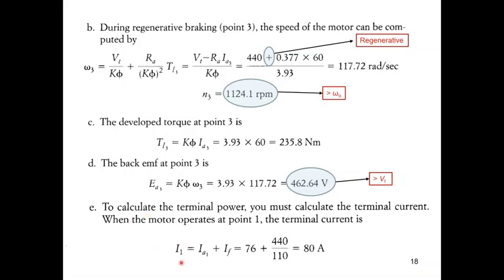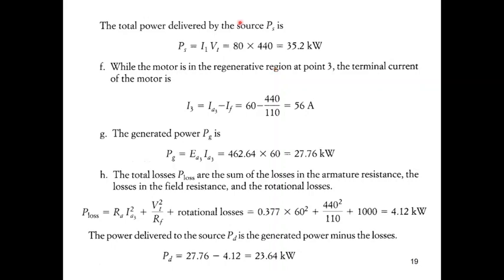So simply I line or I terminal equals armature current at point 1 plus IF. We calculated armature current at point 1 as 76 amps, and we have the field resistance value, so we can calculate the total current, which is here 80 amps, and we can multiply I1 by terminal voltage to get the input power to the machine.